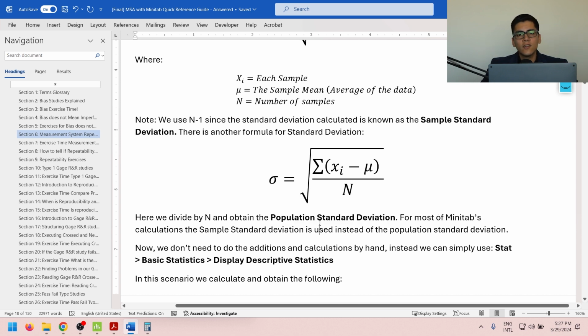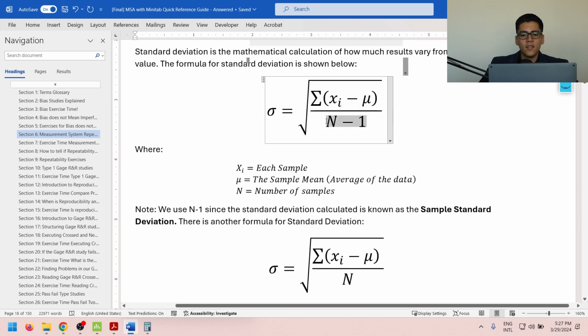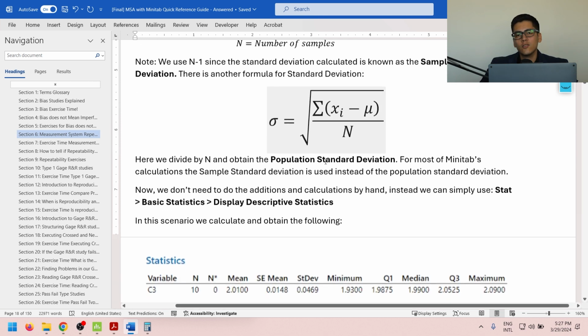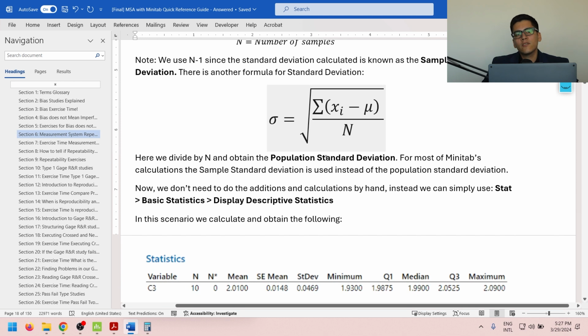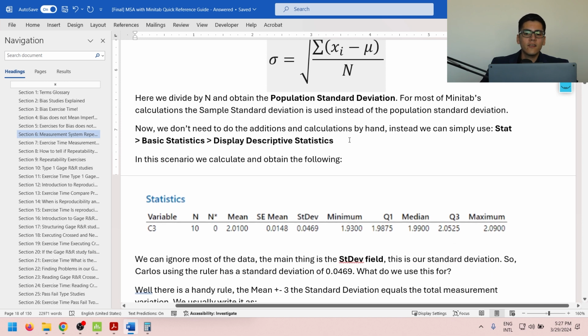In most statistical calculations, since we're doing sample sets, we don't have enough data to infer population, the formula used is n minus 1 because we're taking into account a small degree of uncertainty because we don't have that many samples. Okay.